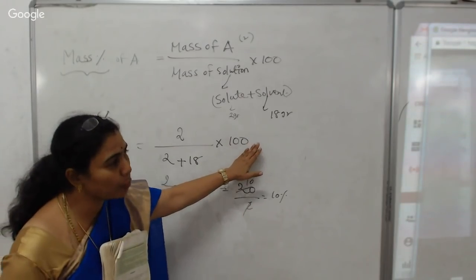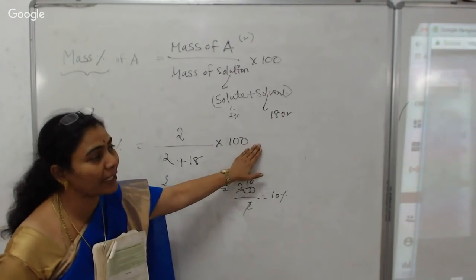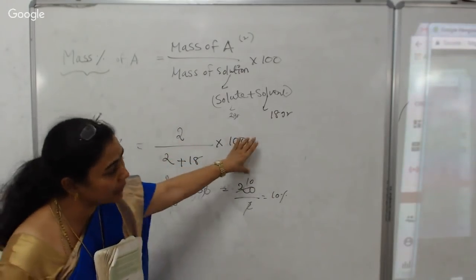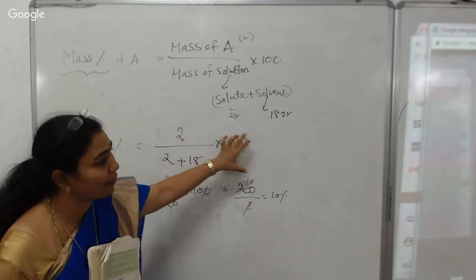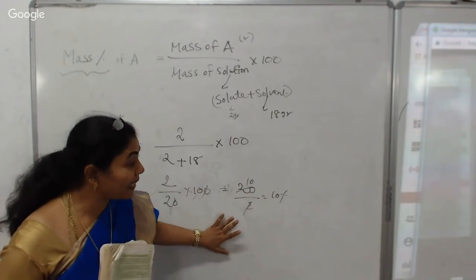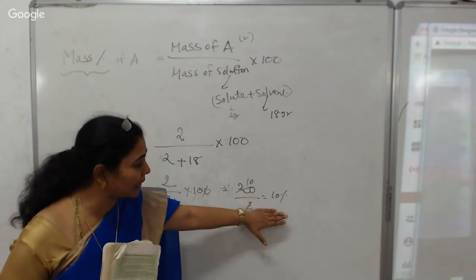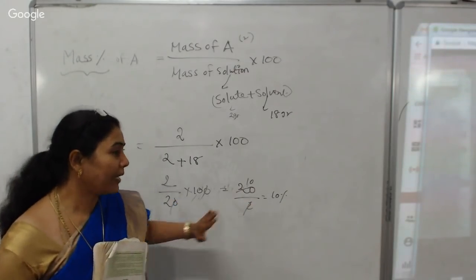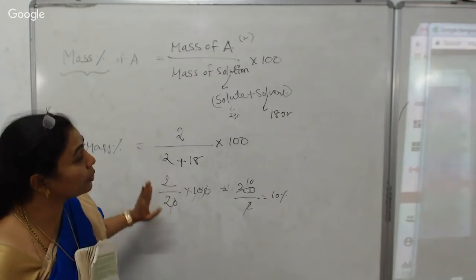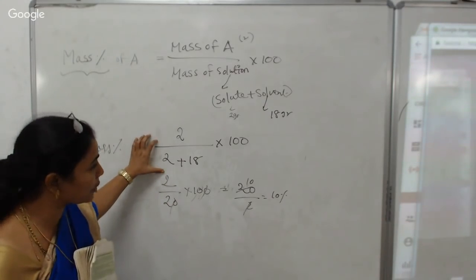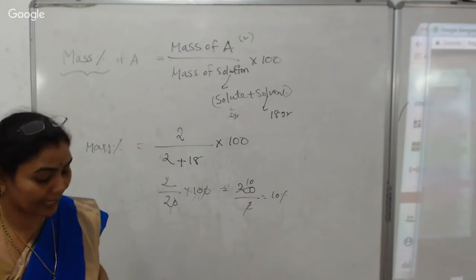This is a simple numerical problem, but in the examination you will get half mark for the formula, half mark for substitution, half mark for proper calculation, and the final answer with units. Here there are no units, generally we write it as 10%. It is a 2 mark question children, please don't lose it. Write the formula, substitute properly and get the answer, right.